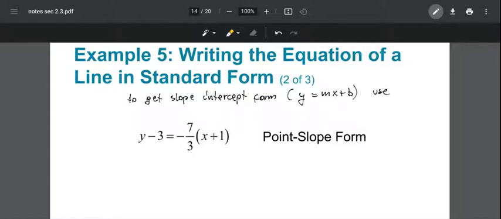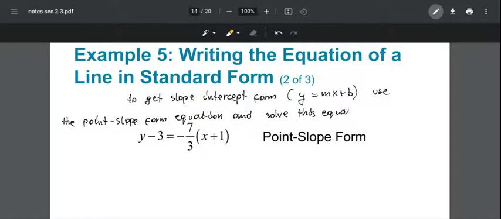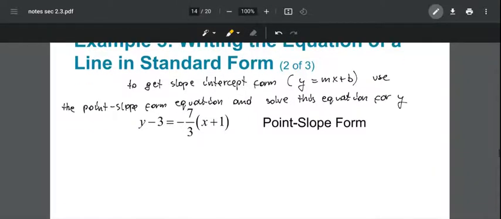To get it, use the point-slope form equation and solve this equation for y. Okay, so this is point-slope form. I'm going to use this equation and solve for y.